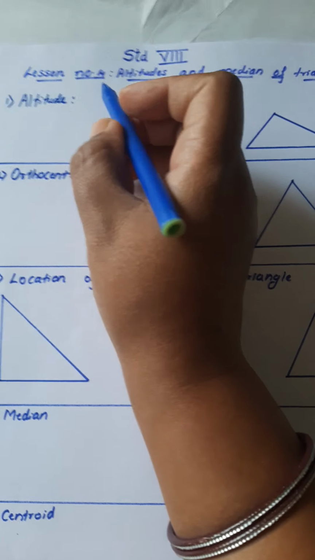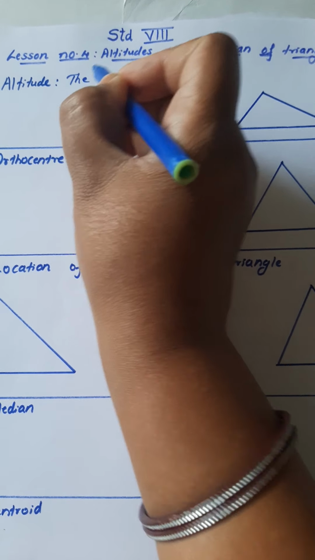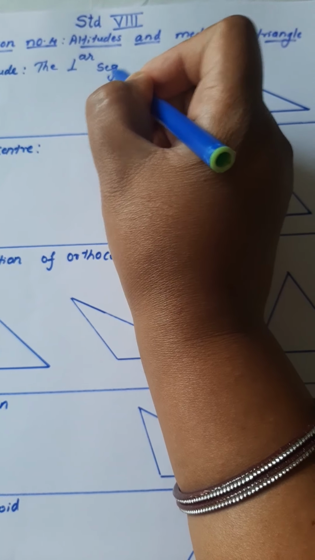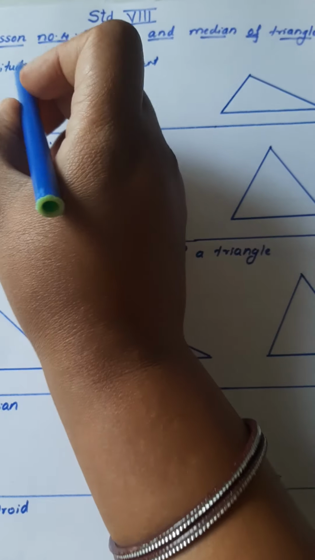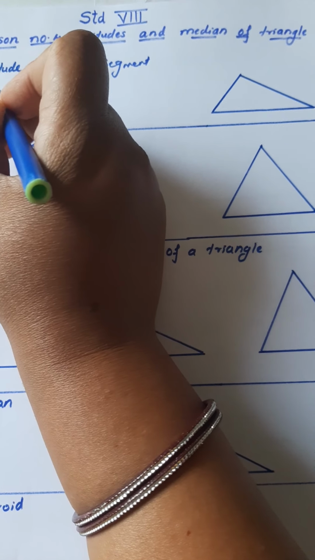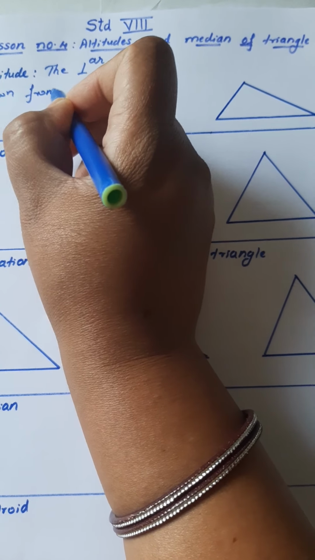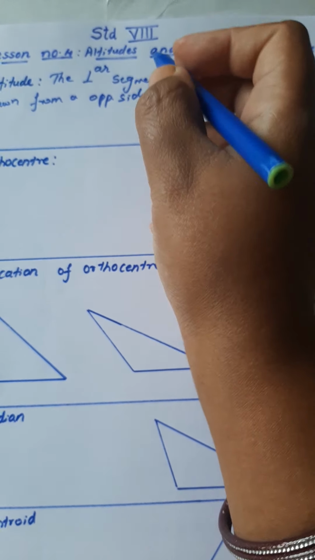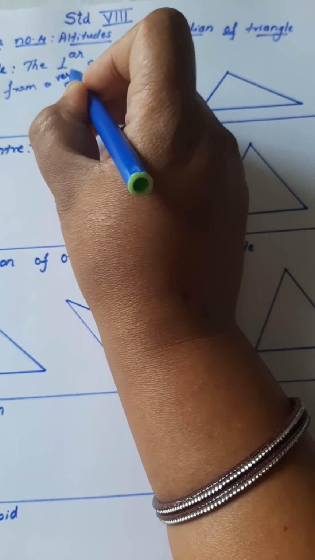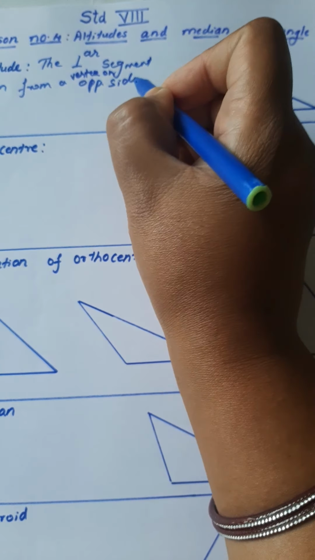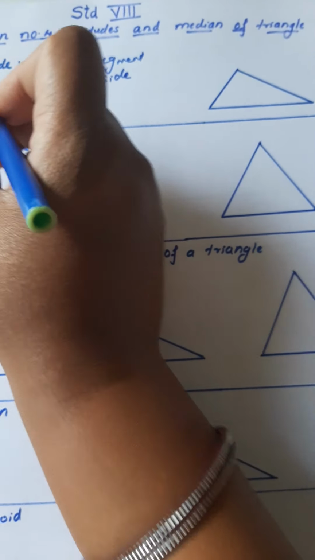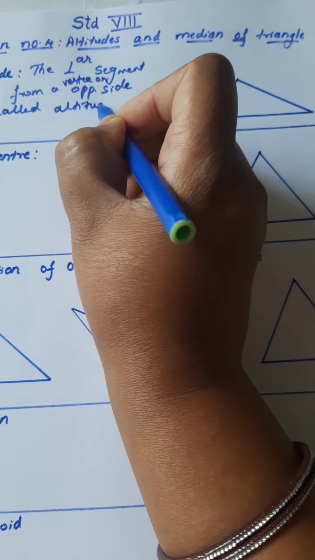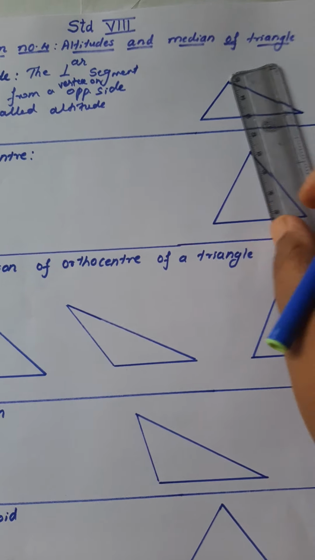Okay, I will write here in short: perpendicular segment drawn from a vertex on the opposite side is called altitude.